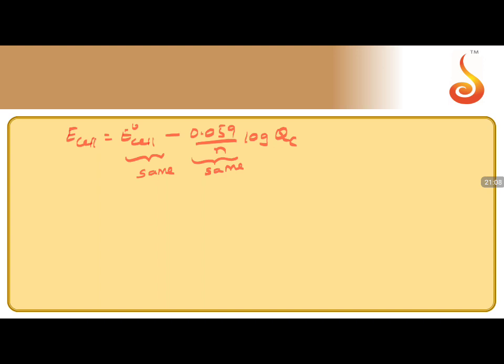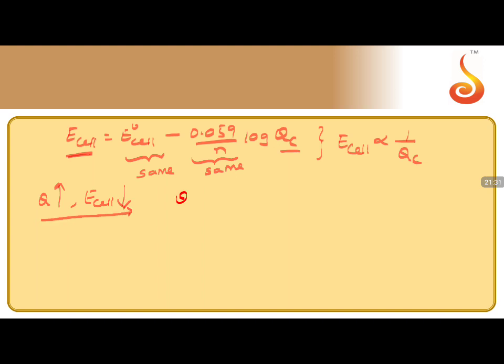So E cell depends only on QC. E cell is inversely proportional to QC. That means if Q increases, E cell value decreases. This is going to be our key statement now.